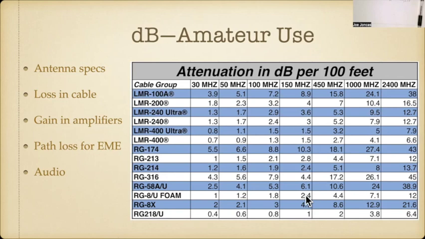And then I use RG 142 because it's so small and there's very little loss on that inside, because the LMR 400 is so stiff, you can't move it around very easily to get to the radios. Correct. But its loss is very low. And it's got a center conductor that won't absorb water, which is also good.